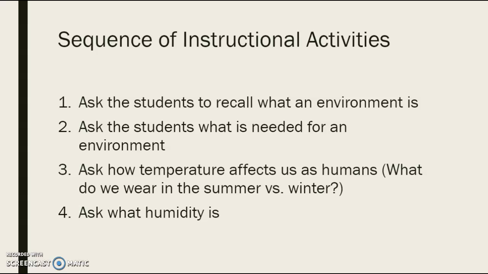And then we would ask to see if they know what humidity is. All of these questions allow us to assess if students have the background knowledge needed for the activity that we will be doing. If they don't, it gives us the chance to explain all the concepts needed to do the activity.